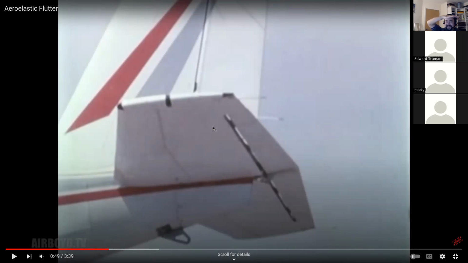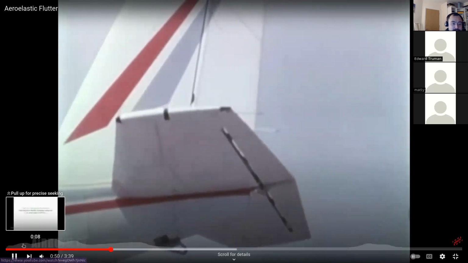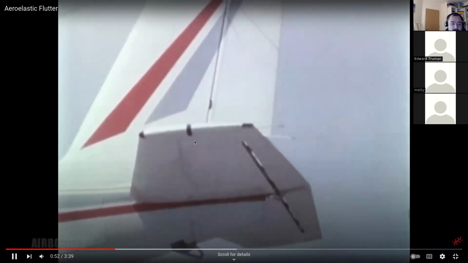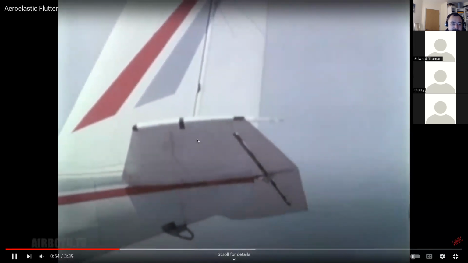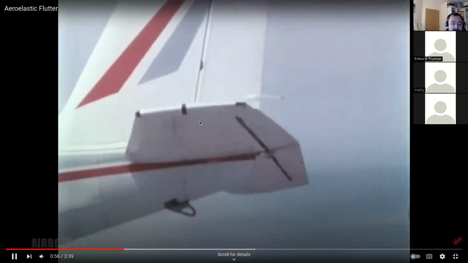Now when you are passing through turbulent air, the vortices hit the wing, and if the frequency at which the vortices hit the wing matches the natural frequency, the wing starts swaying. Look what happens. You see the tail starts to sway.